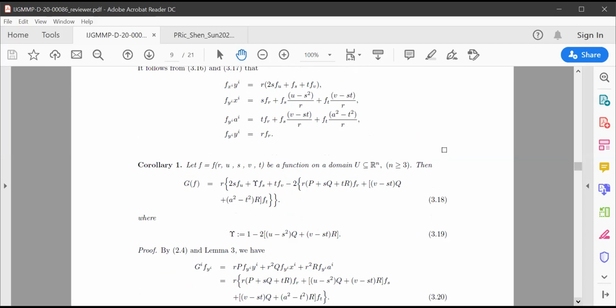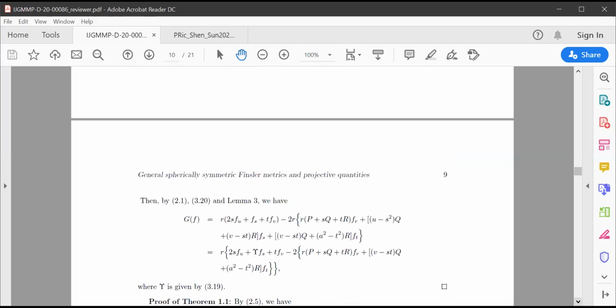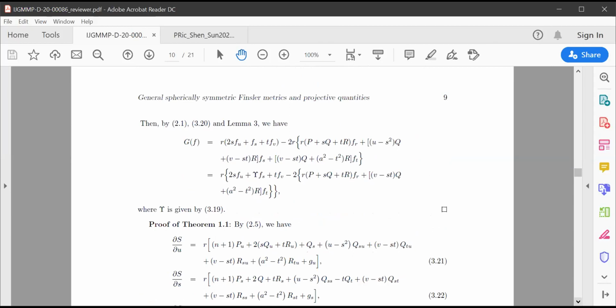Now, this is a corollary. If the function depends on so many variables, G is a spray acting on that function, and it's given by the formula. That also uses Maple to compute.